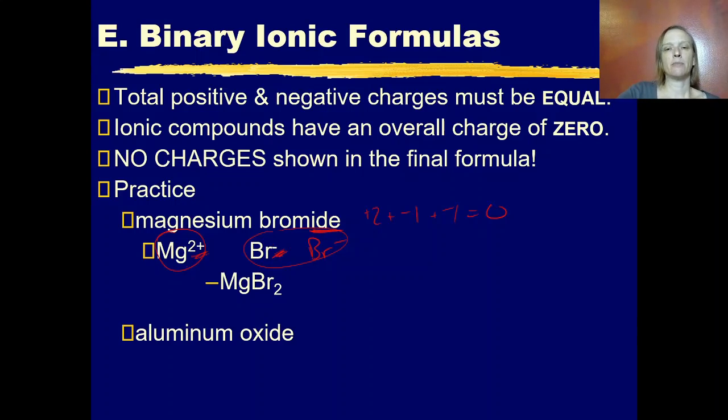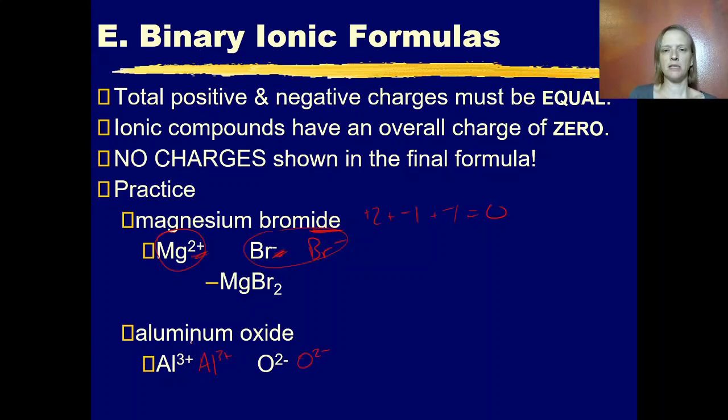Let's look at another example, aluminum oxide. Here, when I look up the ion charges, I have aluminum with a charge of +3, oxygen with a charge of -2. So now, when I look at those ion charges, I've got more positives than negatives, so I need another negative here. Now I have -4, and I don't have enough positives, so I'll give myself another positive here.